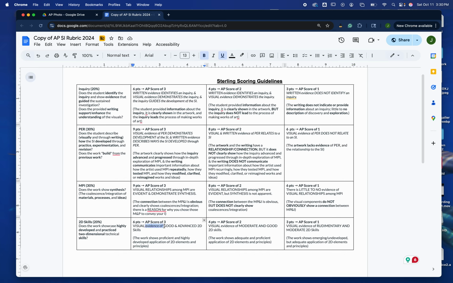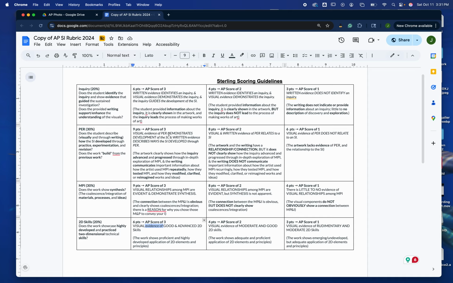Visual evidence of good and advanced 2D design skill. So it's not just that you have a principle, that there's clear evidence to someone who has never met you, hasn't been working alongside you all trimester, there's clear evidence to that person that you understand the principles of design and we're going for a specific thing.